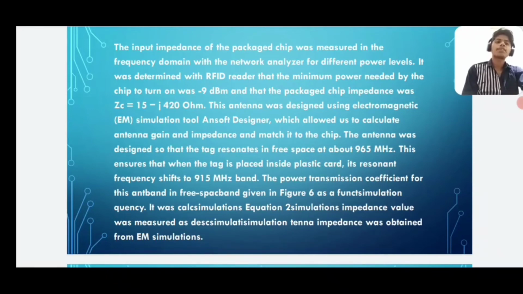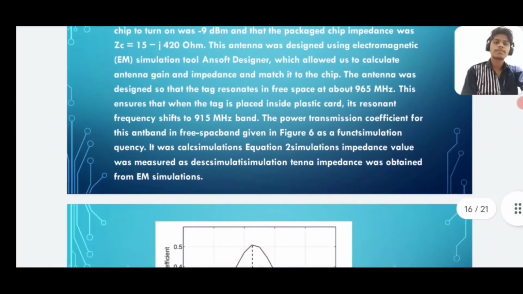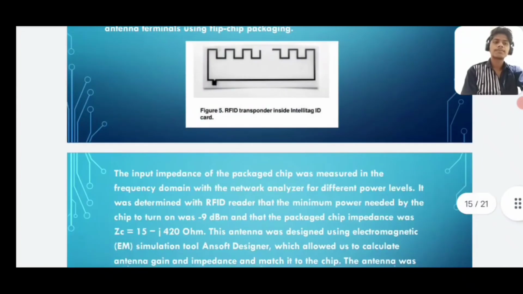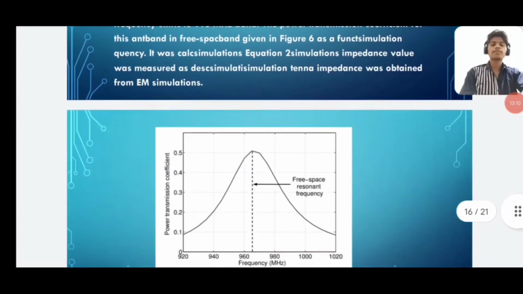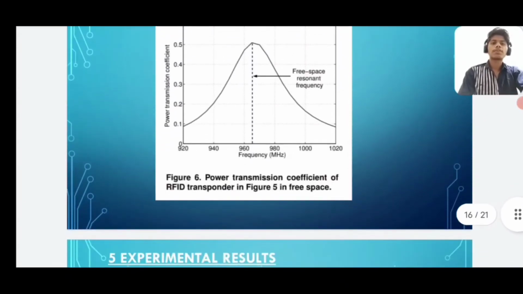The power transmission coefficient for this antenna in free space is given in figure 6 as a function of frequency. It was calculated using the chip impedance value as measured and the antenna impedance value from EM simulations. This is the power transmission coefficient of the RFID transponder in free space.